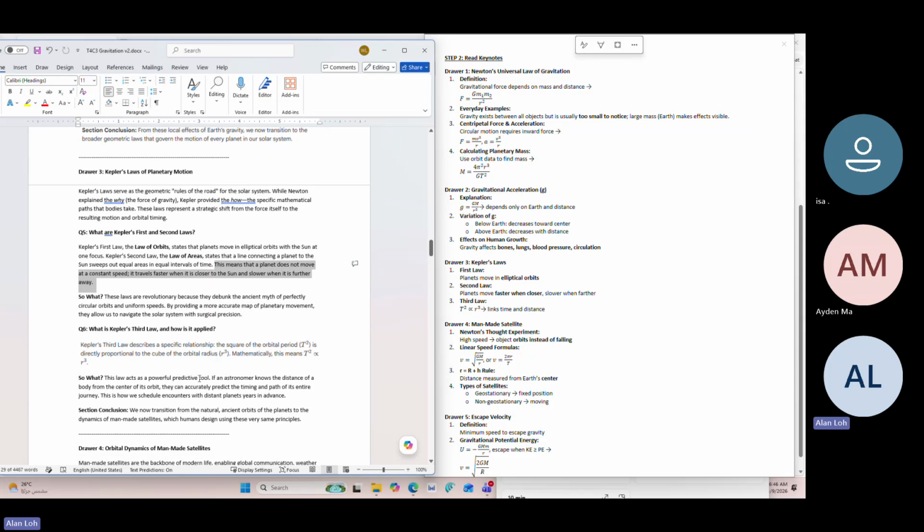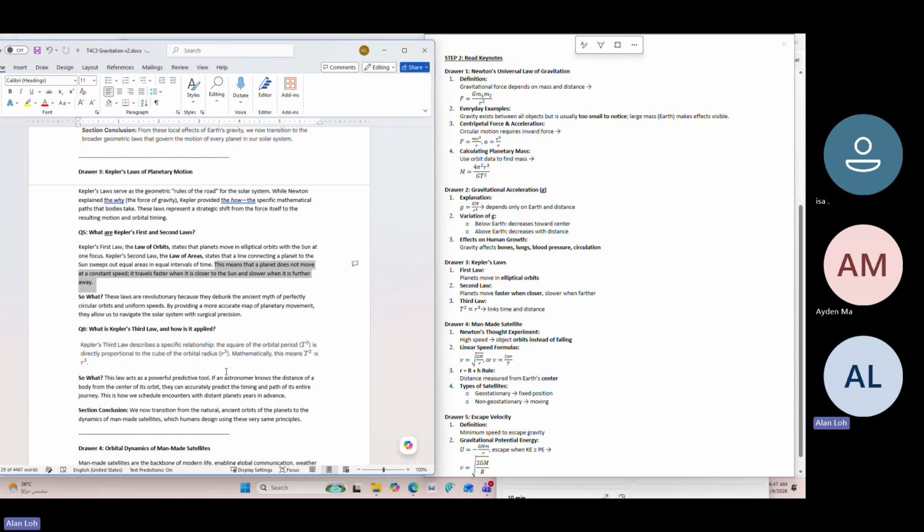Third law is talking about the relationship between the orbital period and the orbital radius. Obviously, if you are further away from, for example, the sun, then the time needed for you to complete one round is longer. For Earth, we need 365 days, which is 1 year.